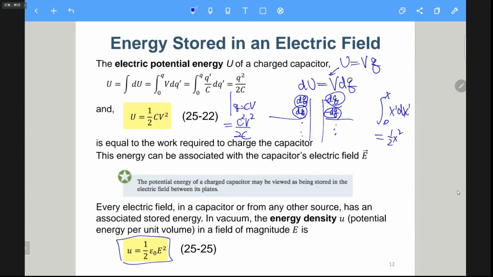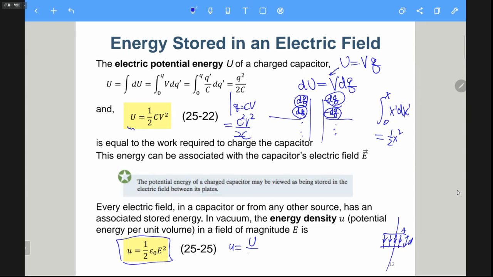So the total energy is U, and the energy per unit volume is U divided by the volume. For simplicity, we consider the parallel plate, with cross-section area A and distance between the plates D. We assume the E field is uniform, so the energy stored there is also uniform.